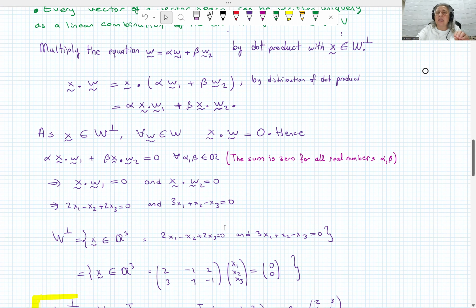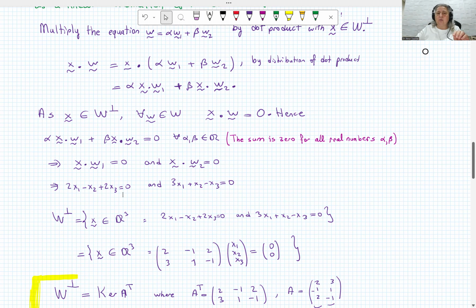So that is the key understanding for moving from this row to this row. The sum is 0 for all real numbers alpha, beta, because we are thinking for all w in W, and x dot w is always 0 as x is in the orthogonal complement by definition.